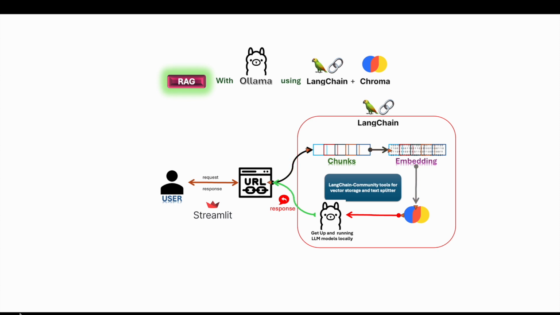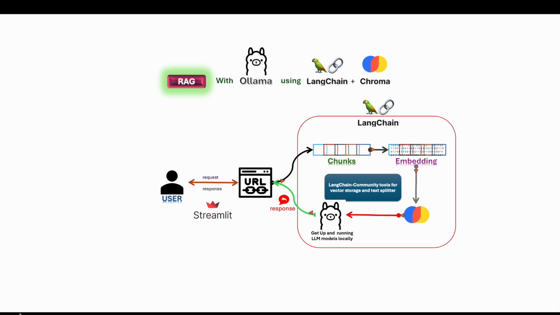After embedding, we will save these embeddings into the vector database ChromaDB, and then it runs locally in Ollama. So that's the purpose. Using Ollama you will get the response.